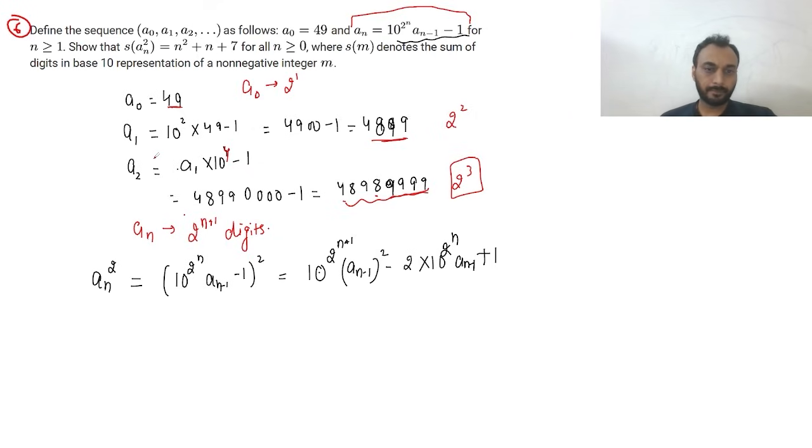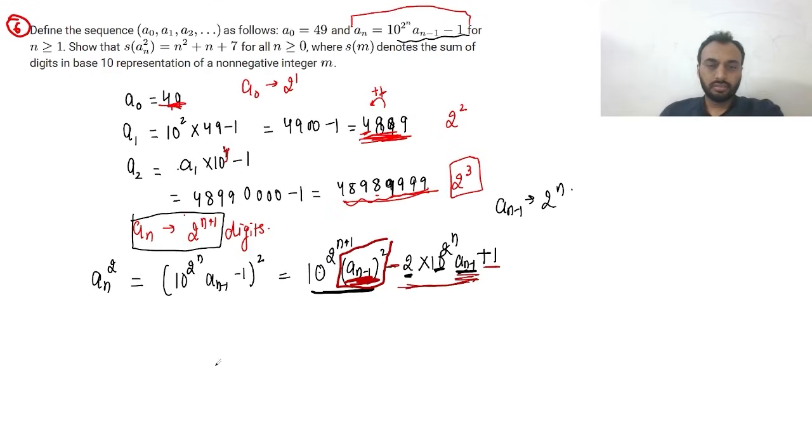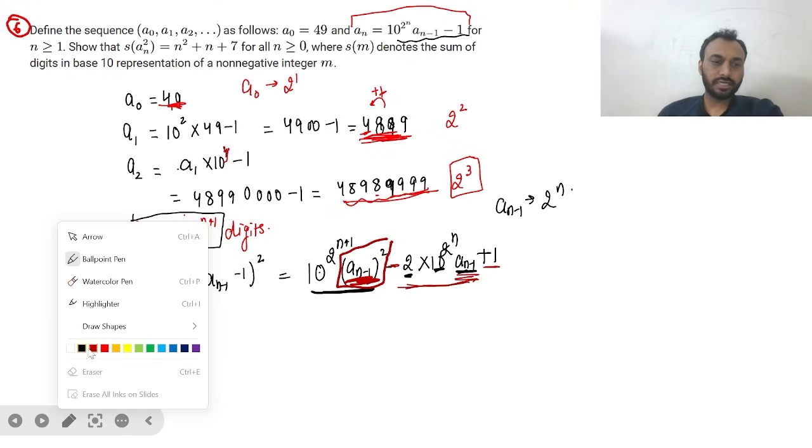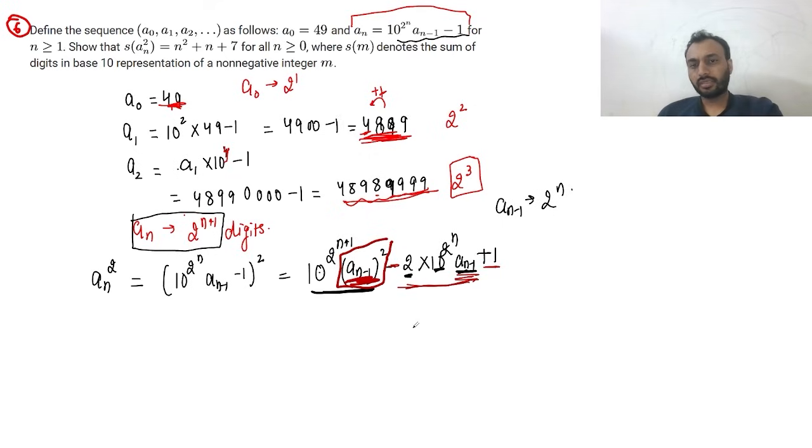But the problem is that we have an AN minus 1 also, and there is a minus sign. As we have to find the sum of digits, let's try to convert it into decimal form, like AN into 10 power n and something. So we need all terms with a plus sign. So first we try to eliminate this subtraction part.